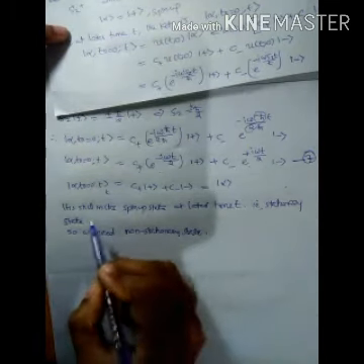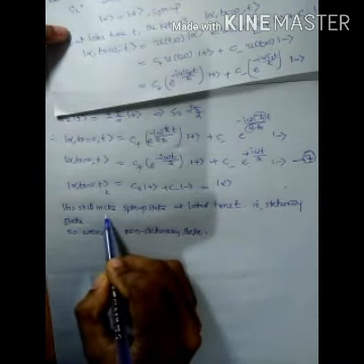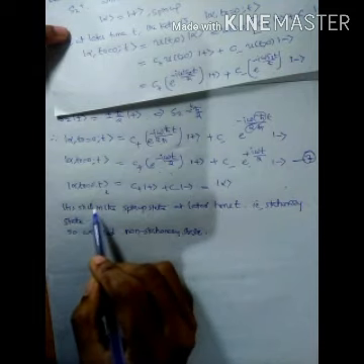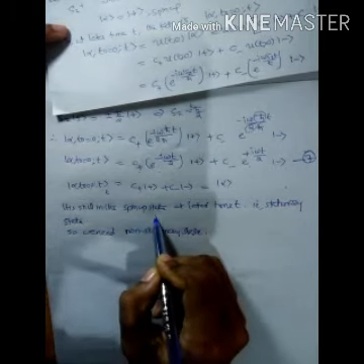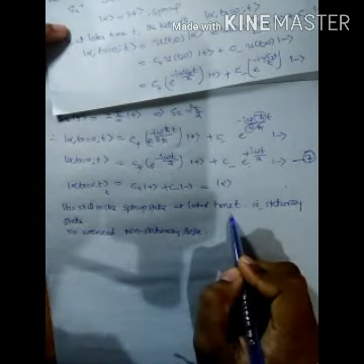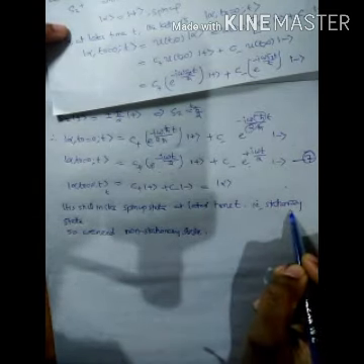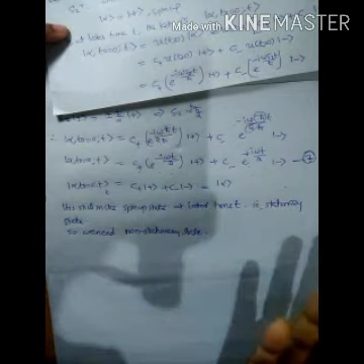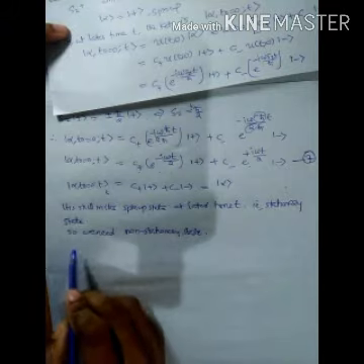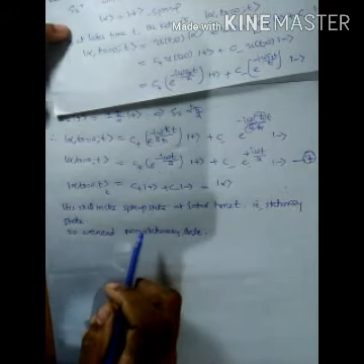That means what? The spin state still remains the spin up state at later time t. So it is a stationary state. The spin state does not change with time. So we need a non-stationary state.